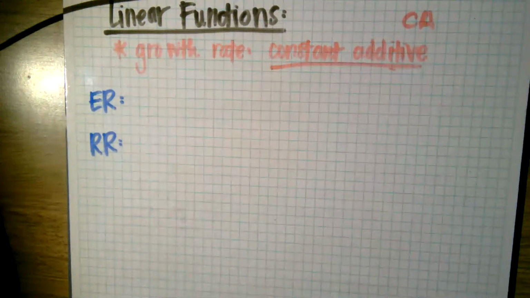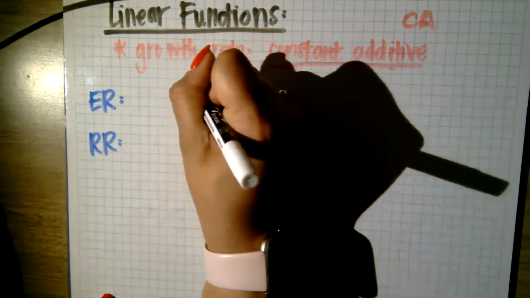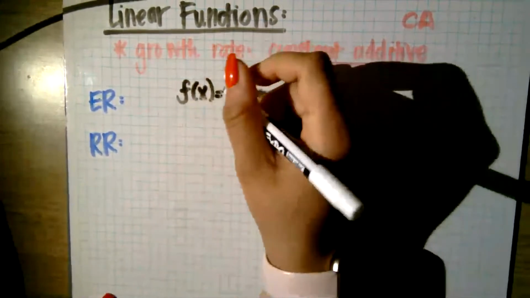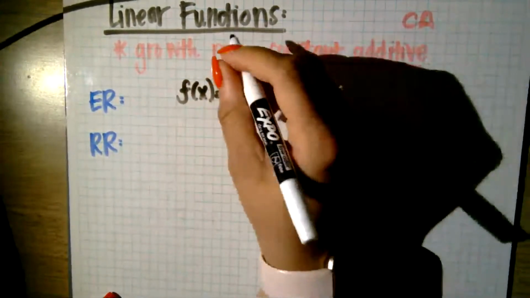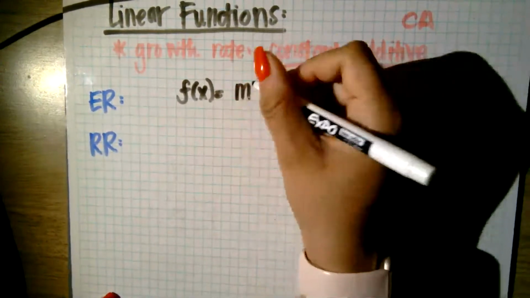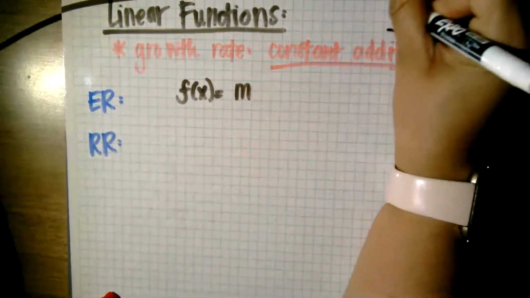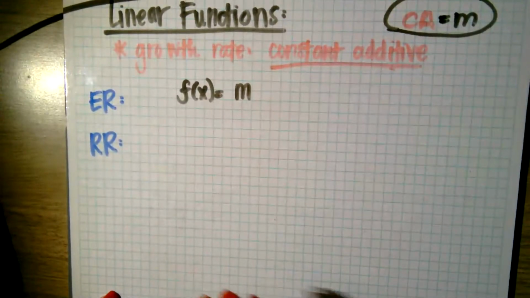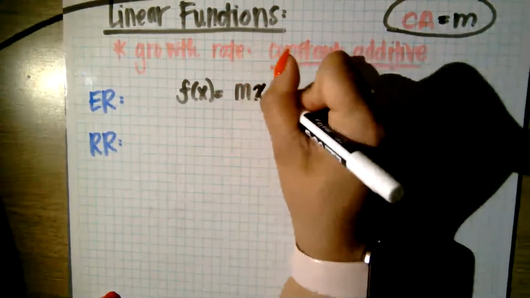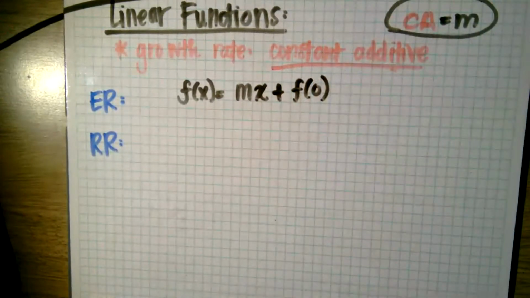So explicit rule looks just like that. Our explicit rule in terms of function notation is going to give me my slope, which is my constant additive. My constant additive is going to be my slope times x plus f of 0, okay?